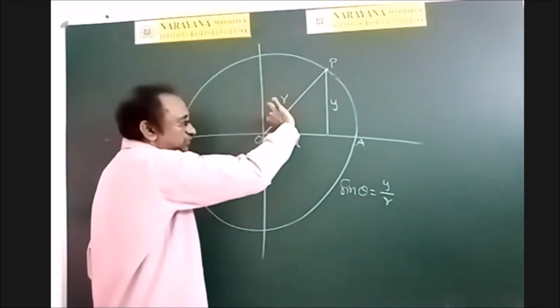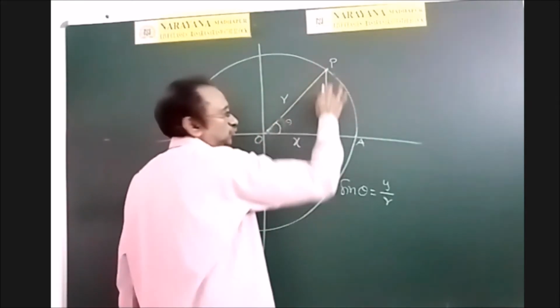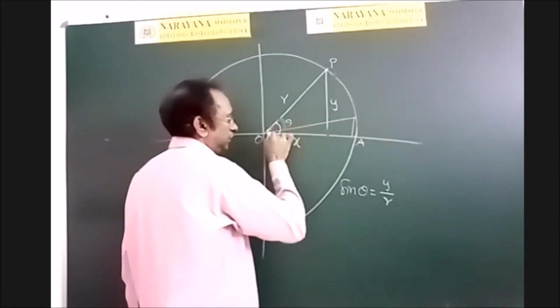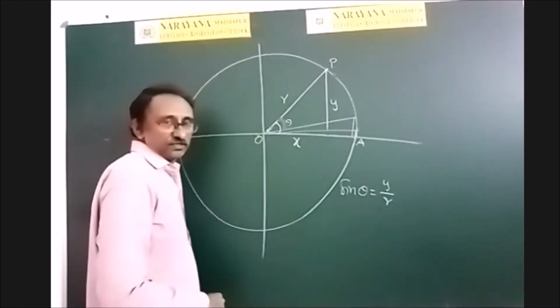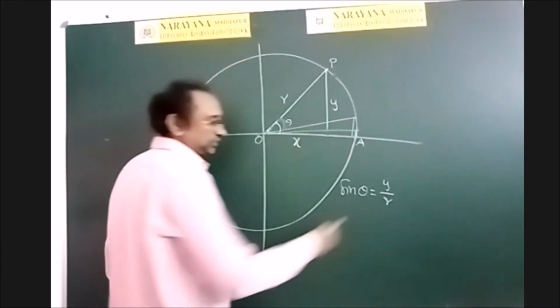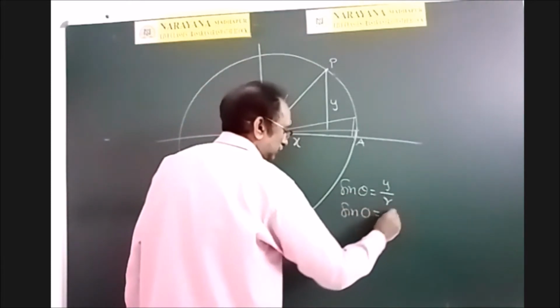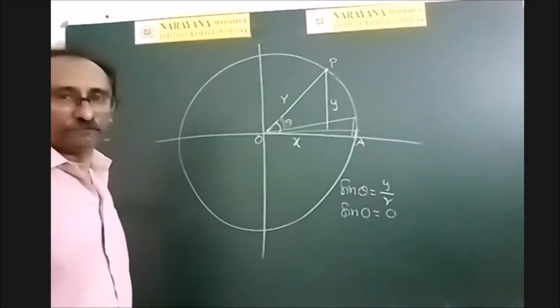If theta is 0, and there is no y, if the angle is like this, this is y. If this is the line itself, so theta is 0, there is no y, the opposite side is 0. Therefore 0 by r, so sine 0 is 0. Sine 0 is 0. Okay.